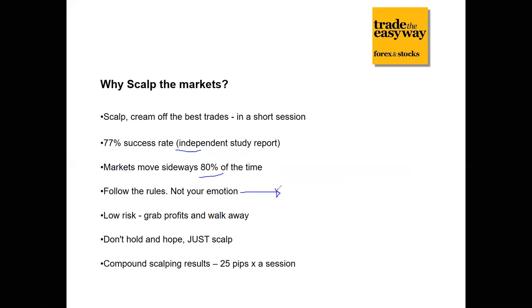The method that we use, we insist on taking it every single time, and on the few percent that it doesn't work out, that's fine, because the higher percent that does work out can generate huge profits and potential. It's low risk because we're using relatively small stops, and once we get close to our target, we can ramp the stop right up to break even and then get out.